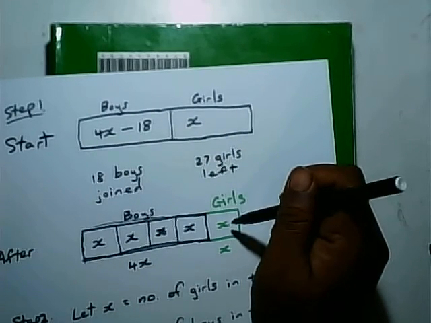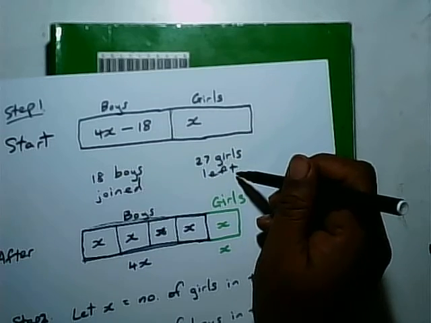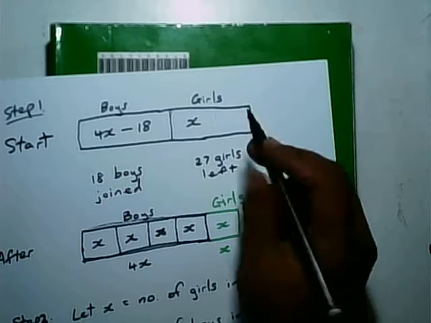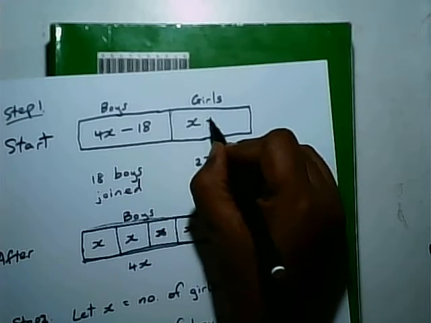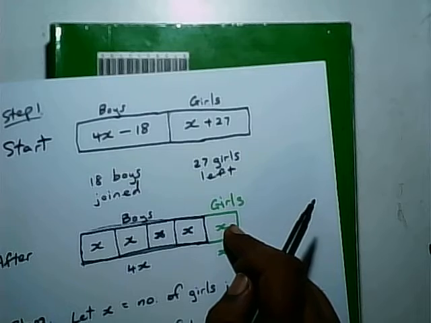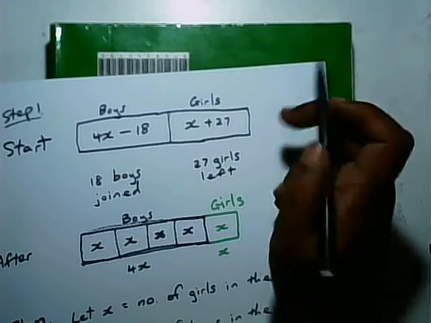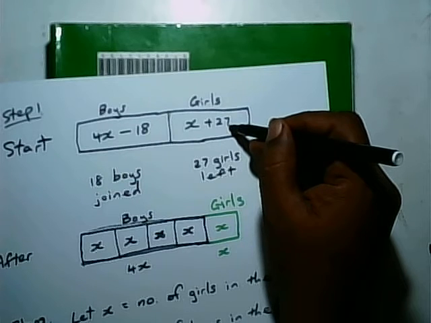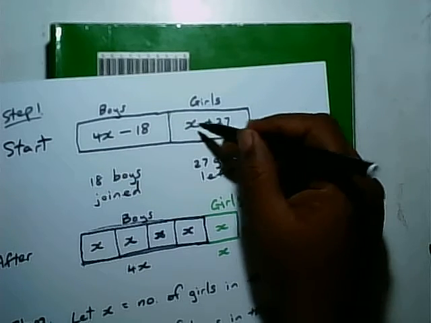Now 27 girls left. Before they left, we had 27 of them here. So it's the X, and we have to add 27. If I take this X and I add 27, I get this. Think about it. If these 27 here leave, what I'm left with is just the X.